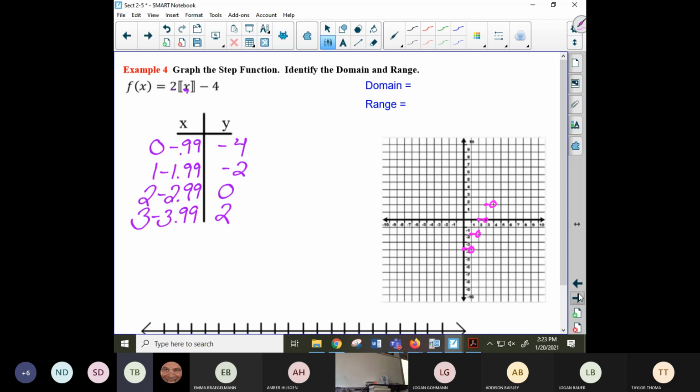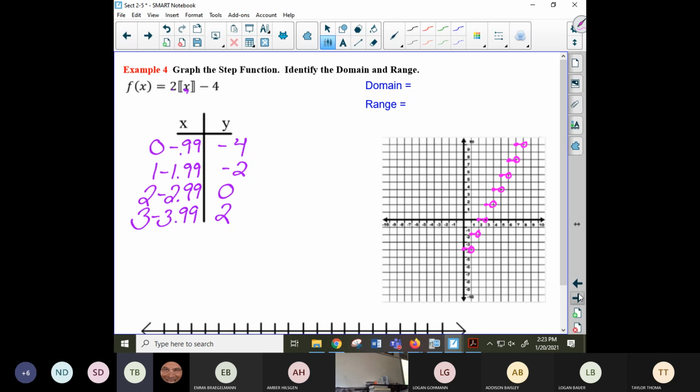If you go from your open circle, up 2 would be a closed circle, over 1 would be an open circle. Up 2, closed, over 1, open. Up 2 is closed, over 1 is open.